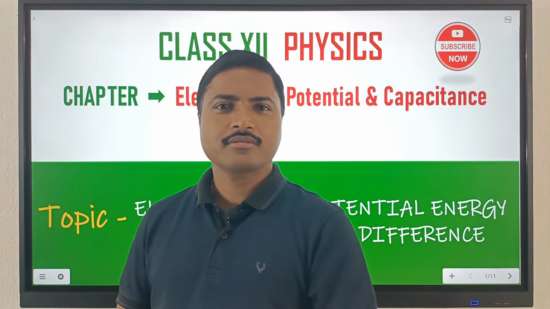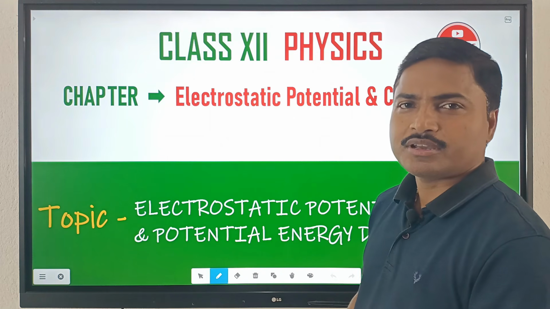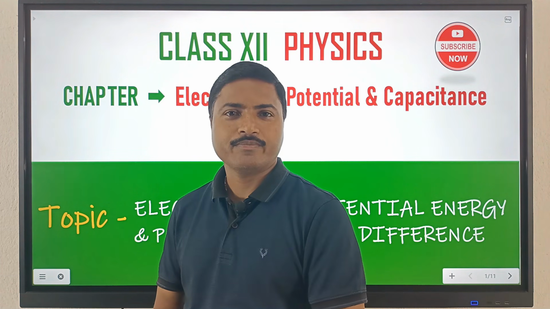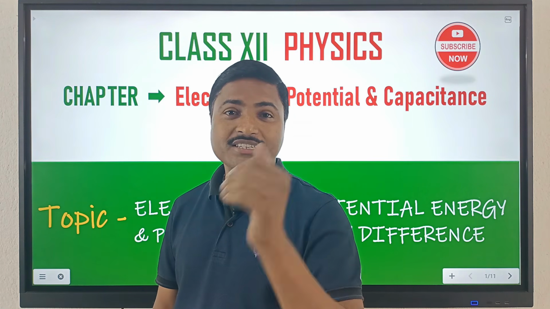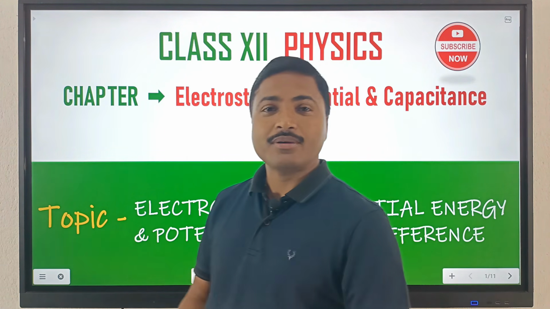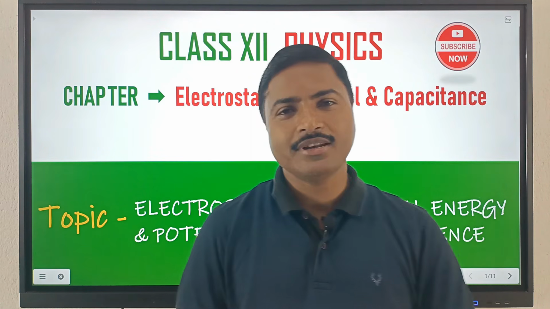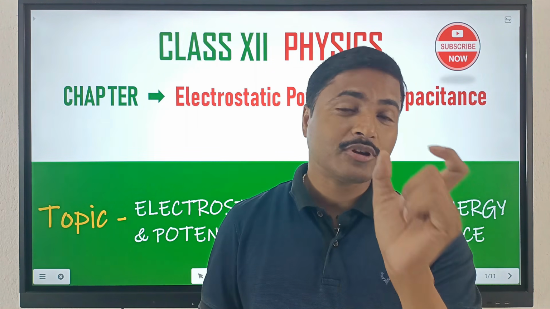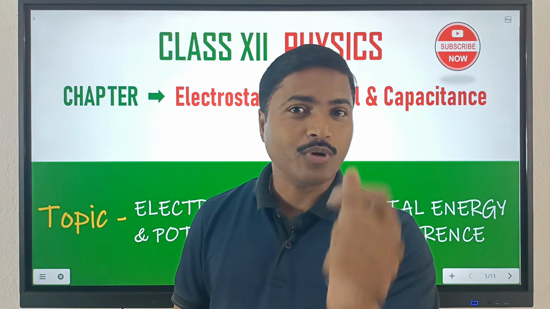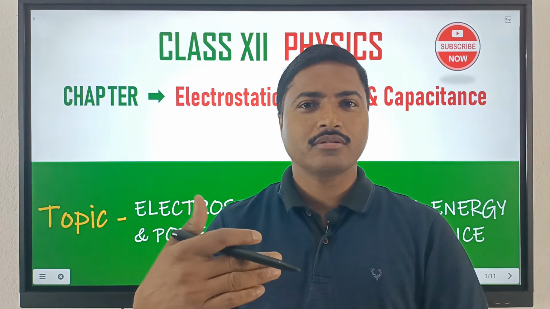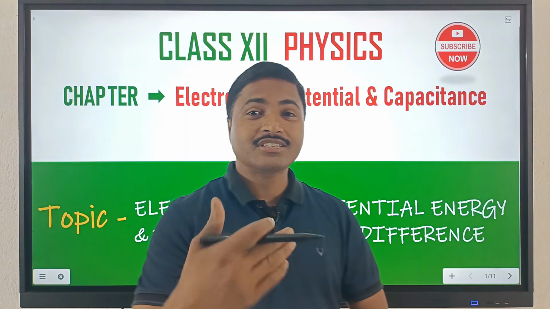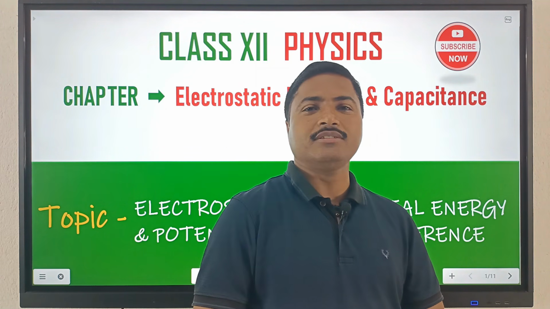But before starting this topic, let us first recall some basic concepts of class 11. You have studied in class 11 the concept of work, conservative force, and potential energy.